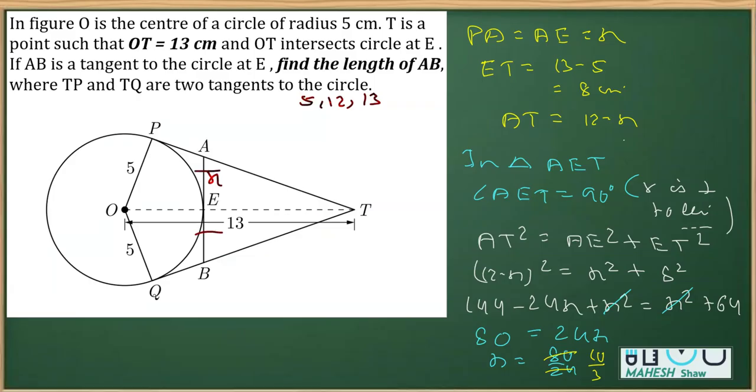What you can say is that since AE is equal to EB, and AE is this, both of them will be 10 over 3. And what we have to get, the length AB, has to be twice of this, and twice of this is how much? 20 over 3. So that's how we will get the length of AB.